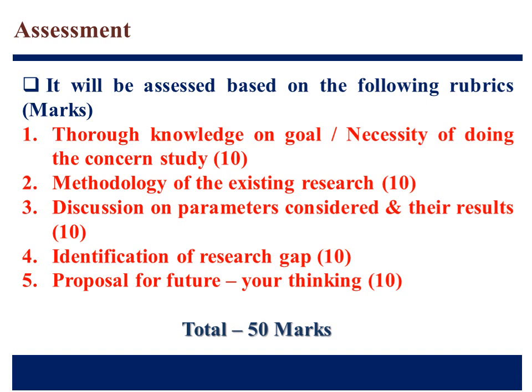You should find the research gap. Finding or identifying a research gap carries 10 marks. Then, proposal for the future. It is based on your thinking, but you can consider that base paper. So totally the assignment carries 50 marks.